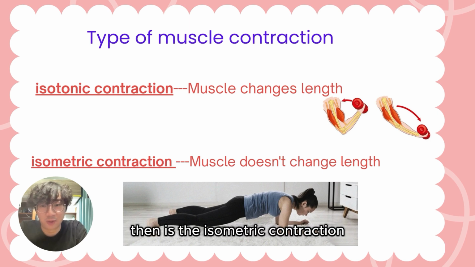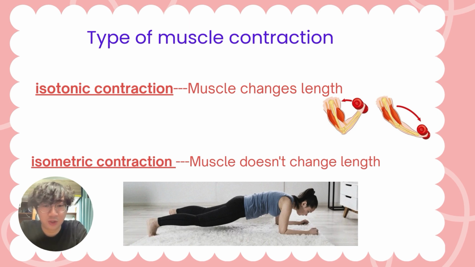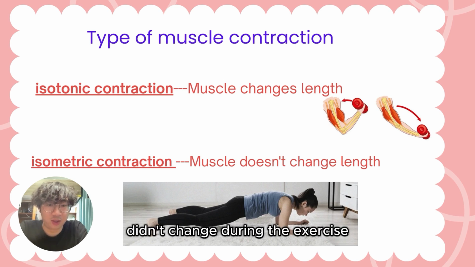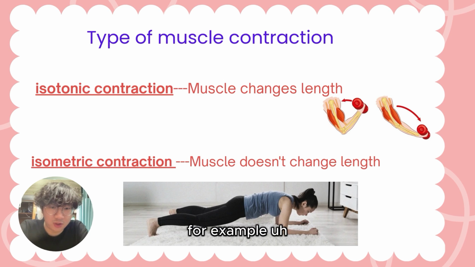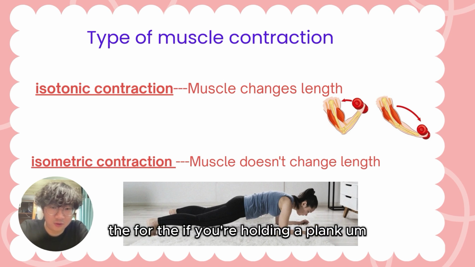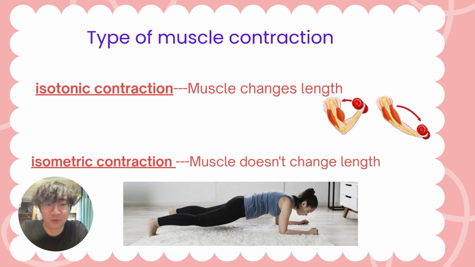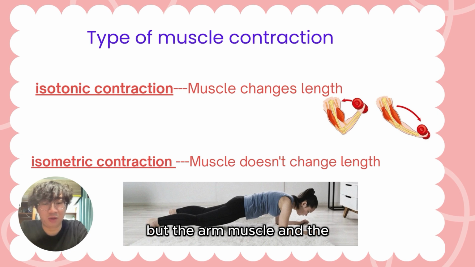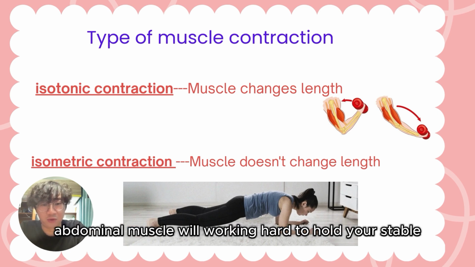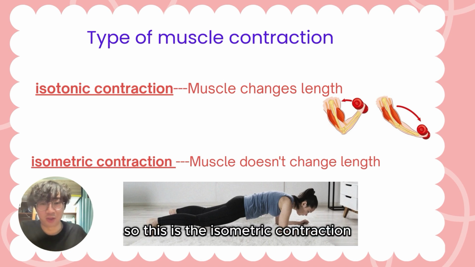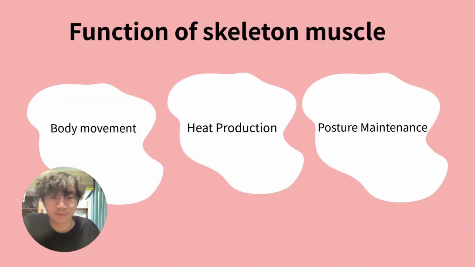Then there is isometric contraction, which means that the muscle doesn't change length during the exercise. For example, if you're holding a plank, your body will be stable, but the arm muscles and the abdominal muscles will be working hard to hold you stable. So this is isometric contraction.